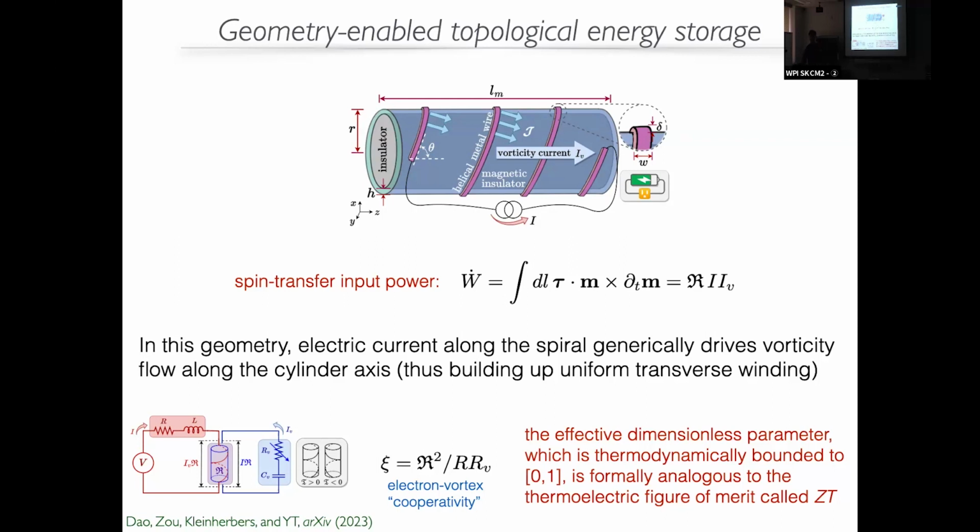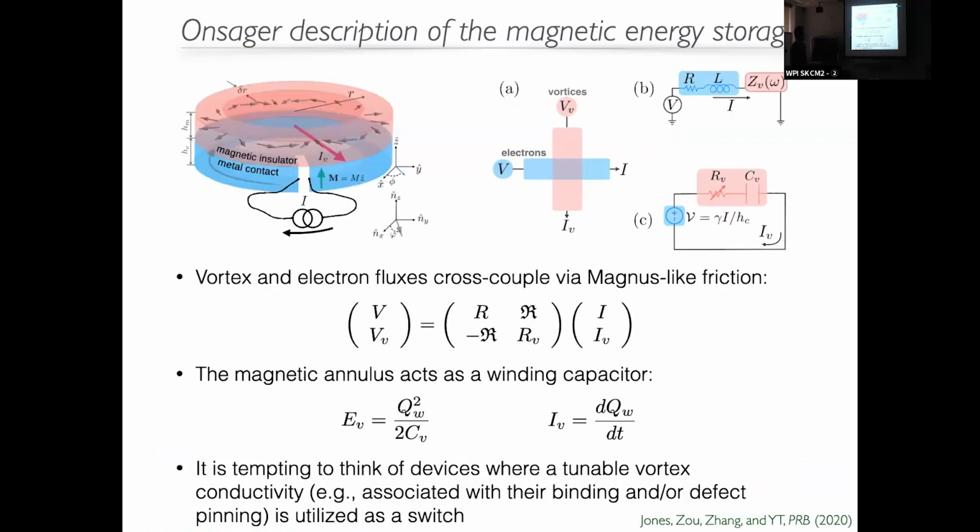In the end of the day, think of the vortex motion and electrical motion as two hydrodynamic flows with some drag between them, and the calligraphic R is simply parametrizing the strength of the drag, phenomenologically speaking.